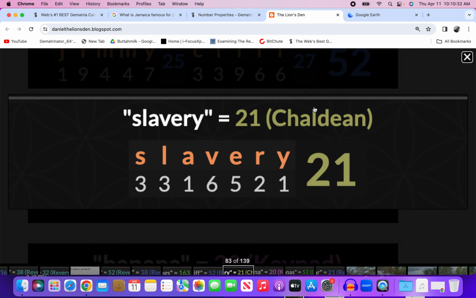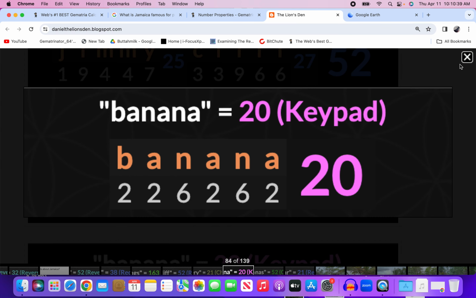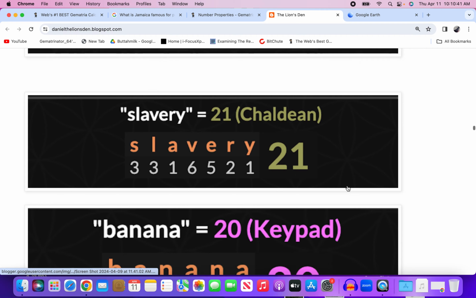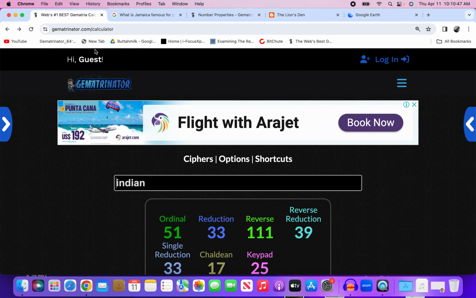Slavery, 21. Banana, 20, just like Jamaica. Known for banana and bananas. Bananas, 52.